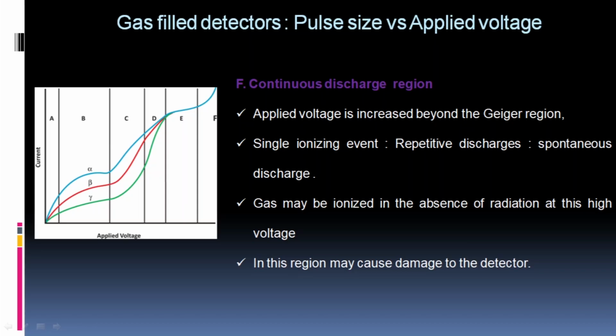The Geiger-Müller counter is able to detect very low levels of radiation. And the last one is the continuous discharge region.